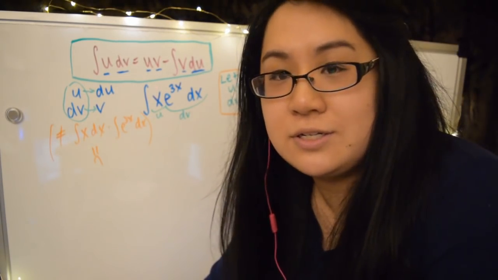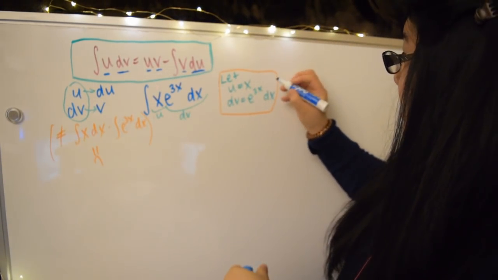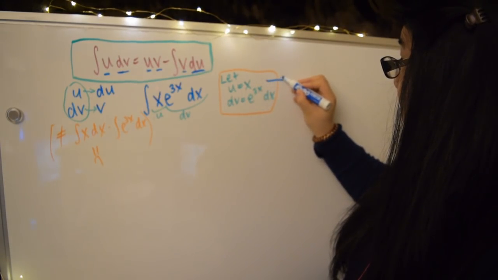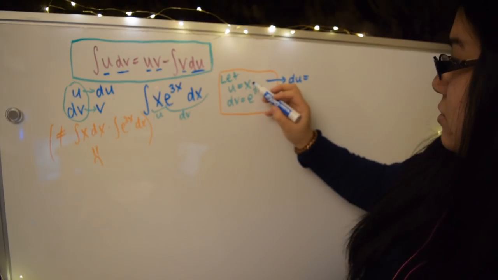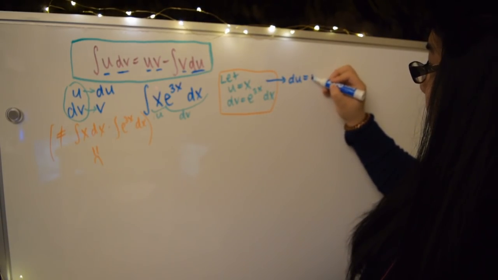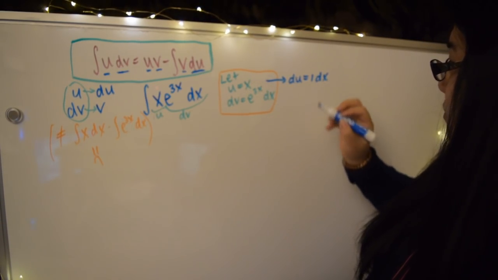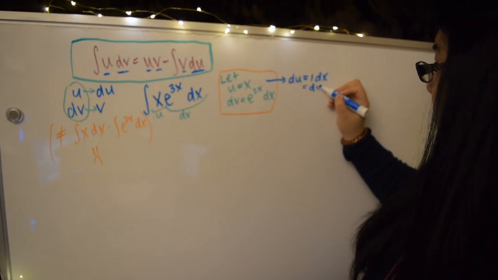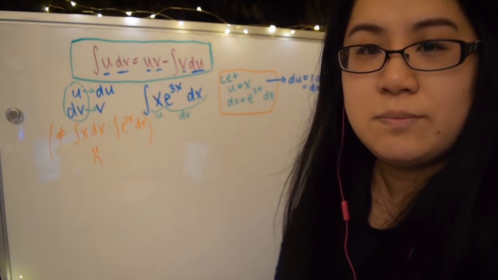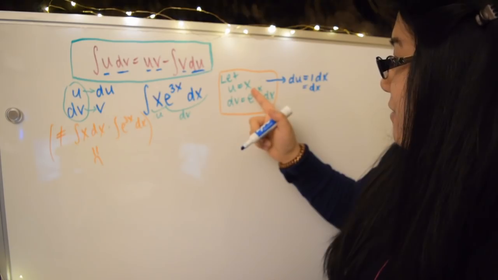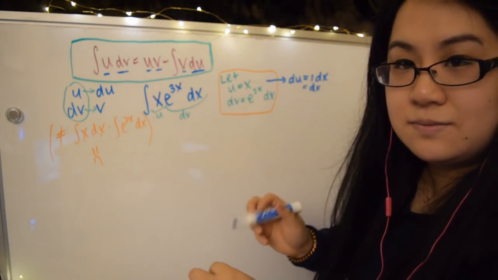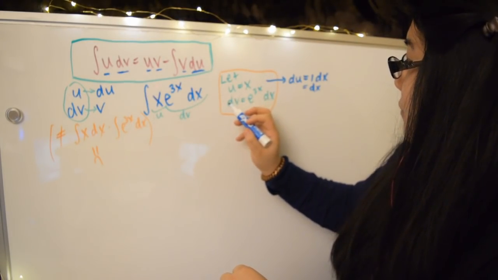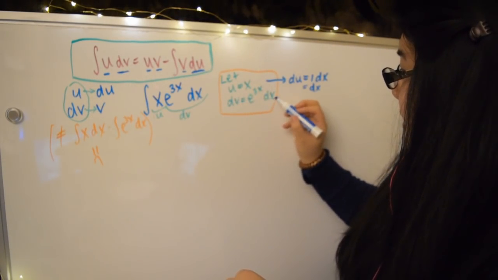I'm going to need to calculate those, but that's not so bad. If u equals x, then du equals the derivative of x, which is 1, dx, which I'll just write as dx. Now remember, if I'm taking the derivative on both sides, I have to have dx. So du equals dx. Okay? From here, I have to get v.